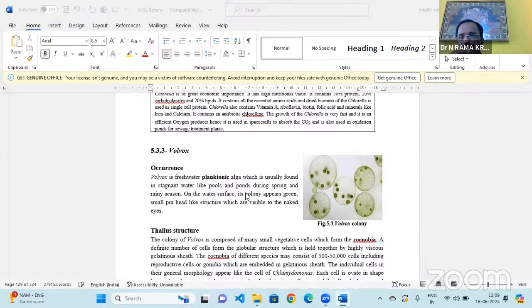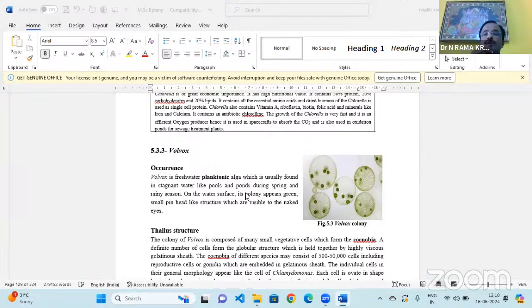Almost all Chlamydomonas are freshwater algae. Some members are marine, and some are terrestrial. Chlamydomonas has a cosmopolitan distribution, found all over the world.